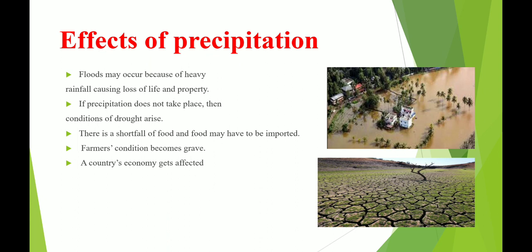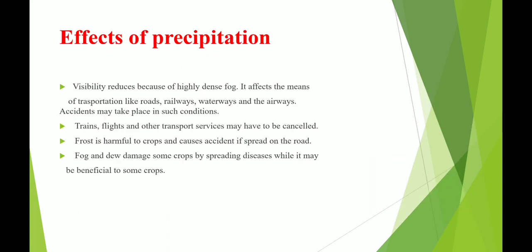Then there is a shortfall of food, and food may have to be imported from other countries. Farmers' conditions become very serious, and a country's economy also gets affected. The Indian economy is an agrarian economy and depends heavily on precipitation.